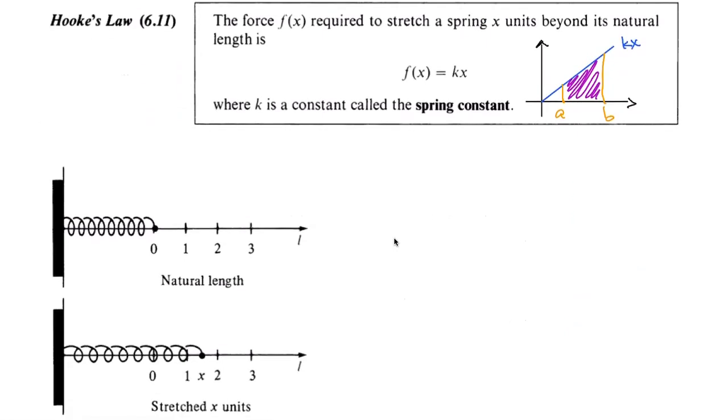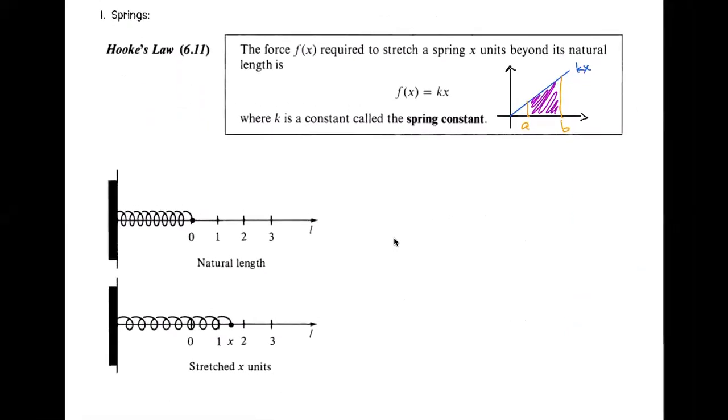All right, so if we think about springs, every spring has what we call a natural length, meaning that's just how it is when it's just sitting there. Nobody's pulling on it, nobody's smushing it, it's just sitting there. We call that its natural length, okay? And whatever the natural length is, we tend to say that that natural length is going to be called 0, because that's like our baseline, okay?